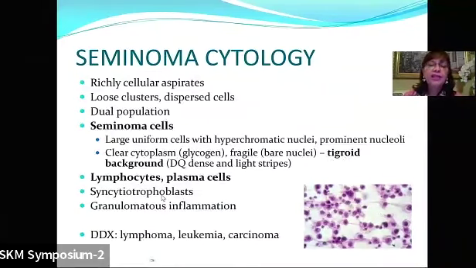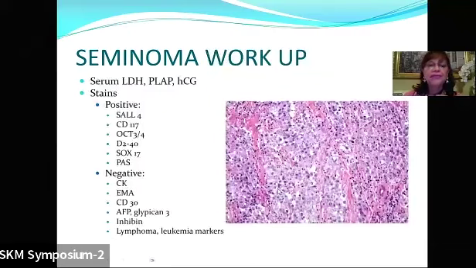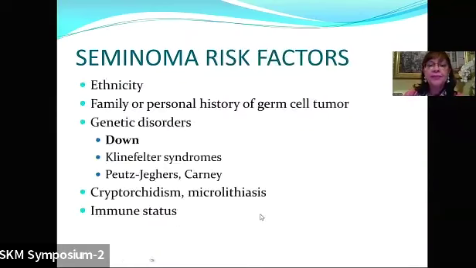You may see scattered syncytial trophoblasts, and seminoma can focally have granulomatous inflammation. Your differential diagnosis, because of the way it looks, would be lymphoma, leukemia, as well as carcinoma. And then you can do serum levels for LDH, PLAP, and HCG. These are the positive stains for seminoma.